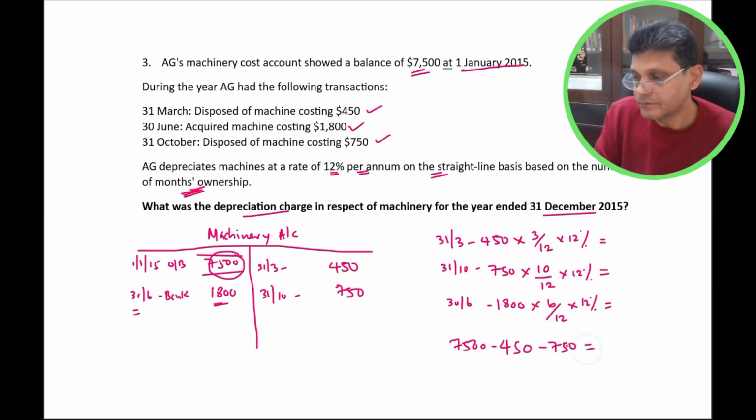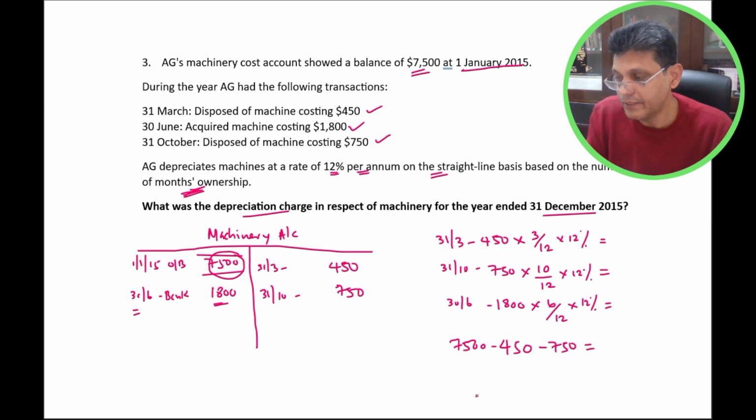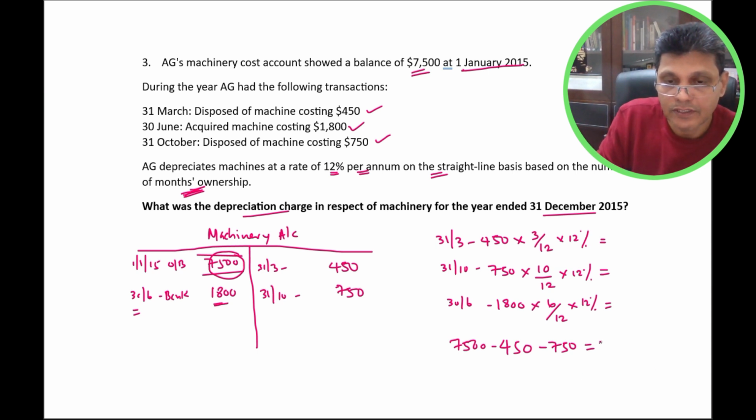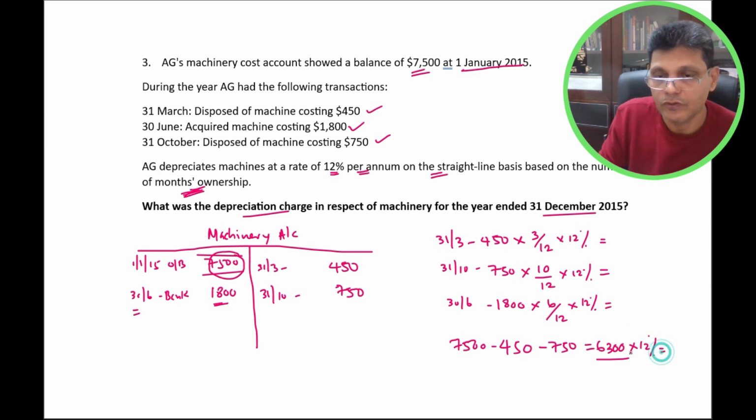If you take the assets which were held throughout the year, what is the value of the asset that was held throughout the period? 7,500 minus 450 minus 750. So that amount will be 6,300. So the total 6,300 remaining asset value has to be depreciated at the rate of 12% for the full year, because these assets were held throughout the year.